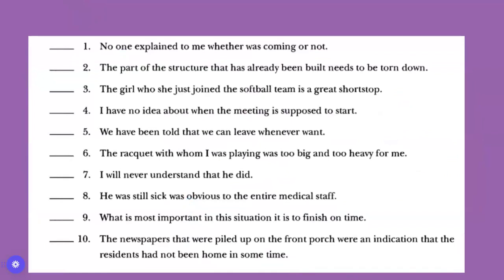Now, let's analyze these examples to see if these are correct or incorrect sentences. It says, no one explained to me whether was coming or not. What do you think of this one? Do you think this is correct or incorrect?